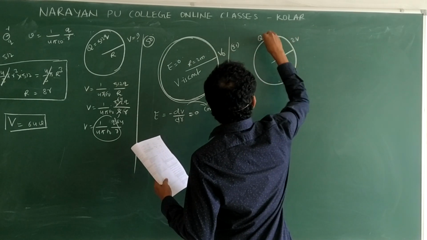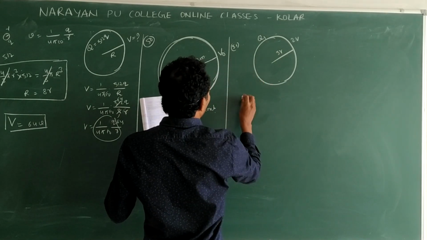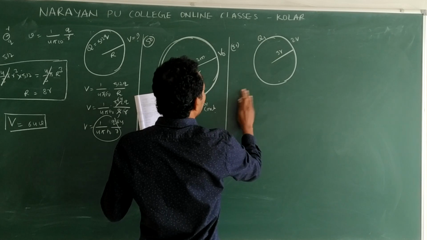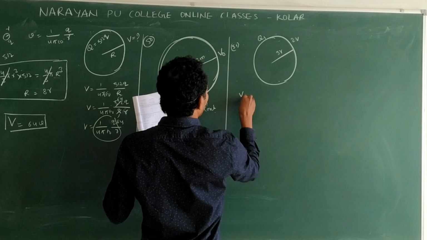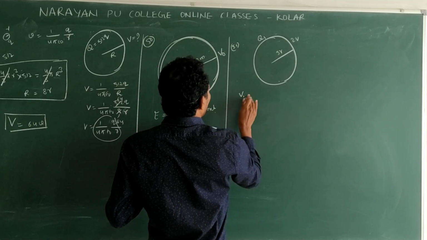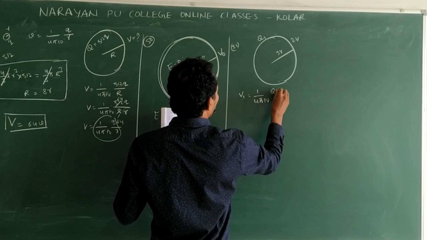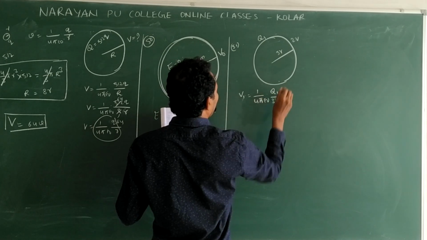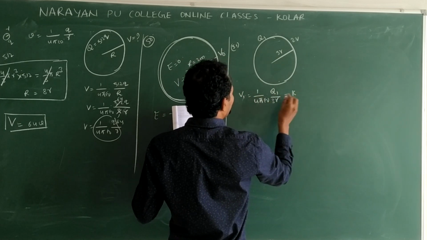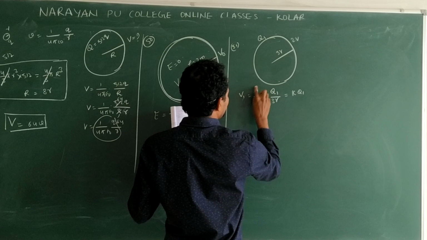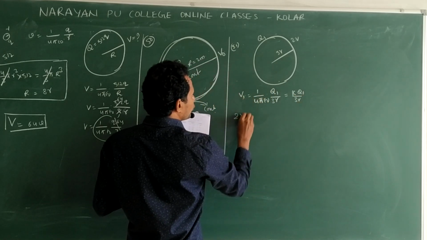Let us say the charge we take is q1. If we consider this potential as v1, for our first sphere, this is equal to 1 by 4 pi epsilon naught q1 by 3r. You can take it as k into q1 by 3r, k is the constant. This potential they mentioned as 2v.